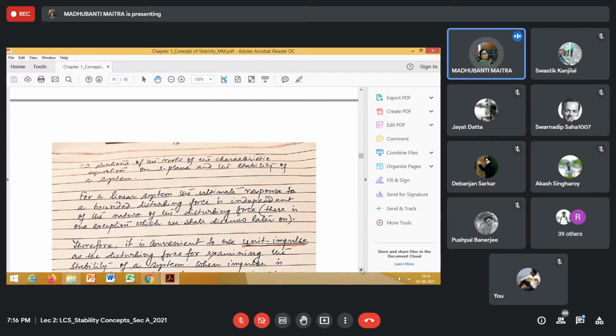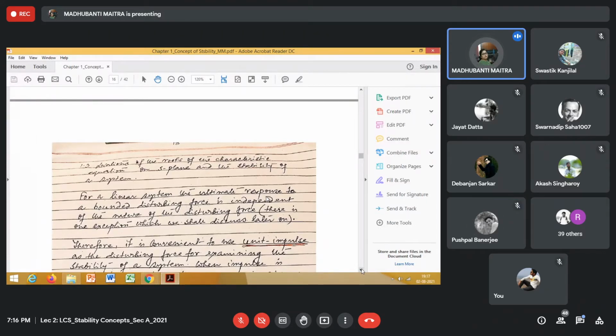So that's why, for the time being, we can intuitively argue that the output response of the system is not dependent on the nature of the input. Only one constraint is imposed on the disturbing force, that is, the disturbing force has to be a bounded one. Do you get the logic? Okay, ma'am.